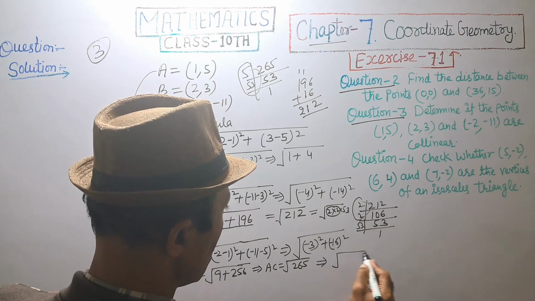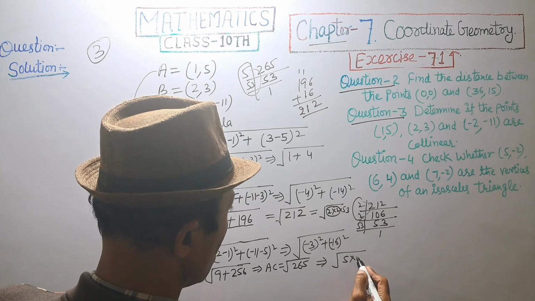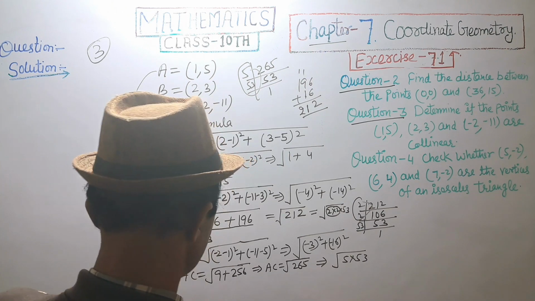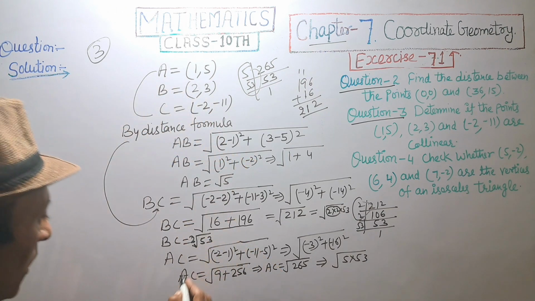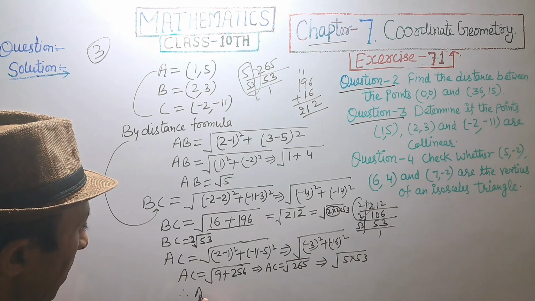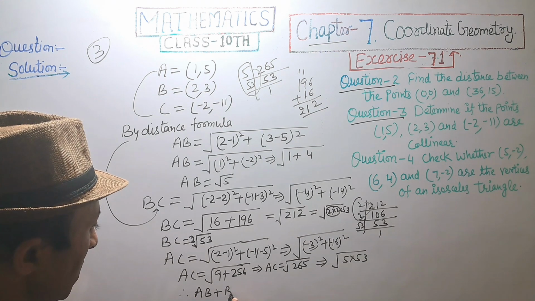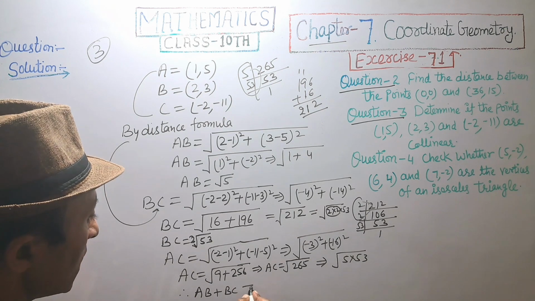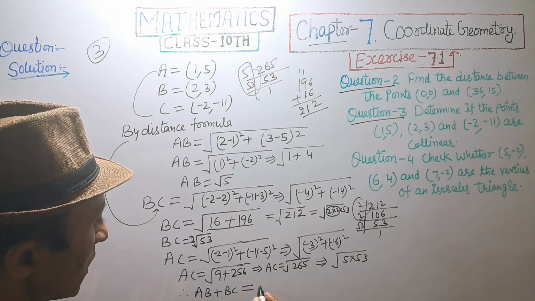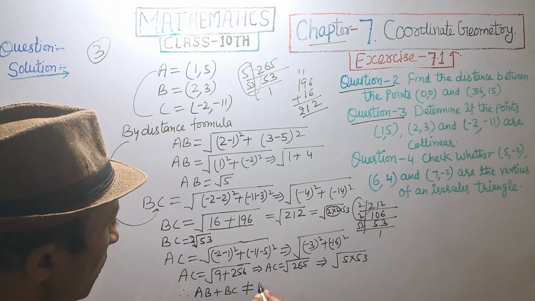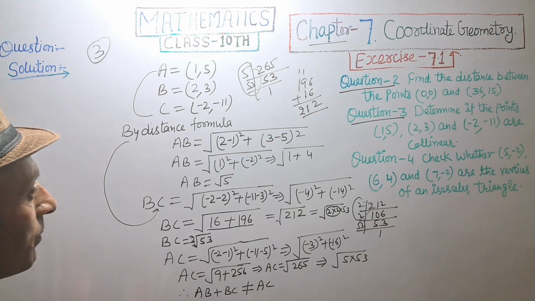This implies under root of 5 into 53. So AB plus BC is not equal to AC.